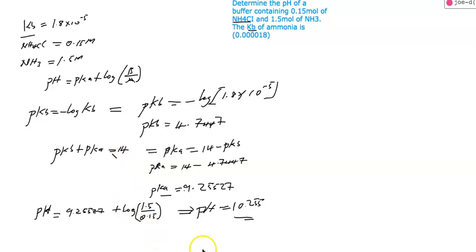Let's look at another type of buffer solution calculation, where here you are given the mass of the various components and you are supposed to work out the pH. Now here we have: calculate the pH of a solution containing 20 grams of acetic acid and 41 grams of sodium ethanoate in 850 ml of solution.